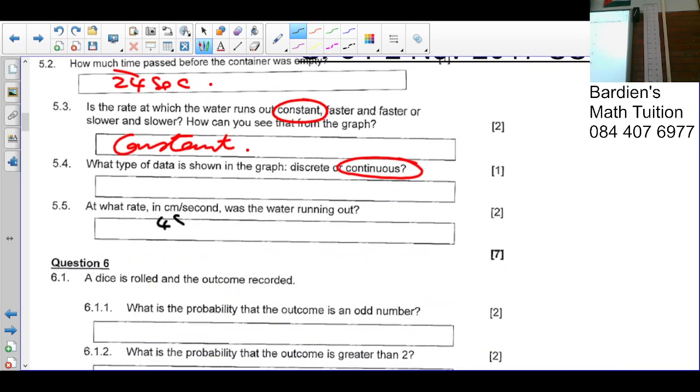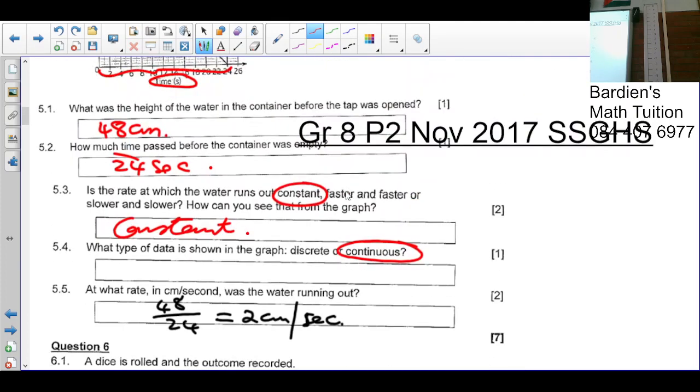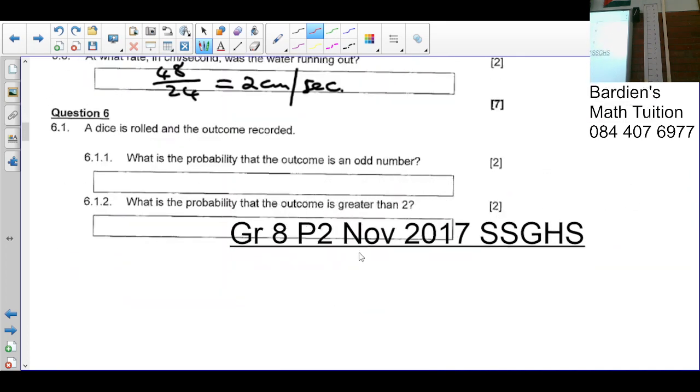So there was 48 centimeters over 24 seconds, which gives you 2 centimeters per second. So it drops 2 centimeters in 1 second. That's basically what it says. Okay, do you guys understand? It's nice work, this easy.